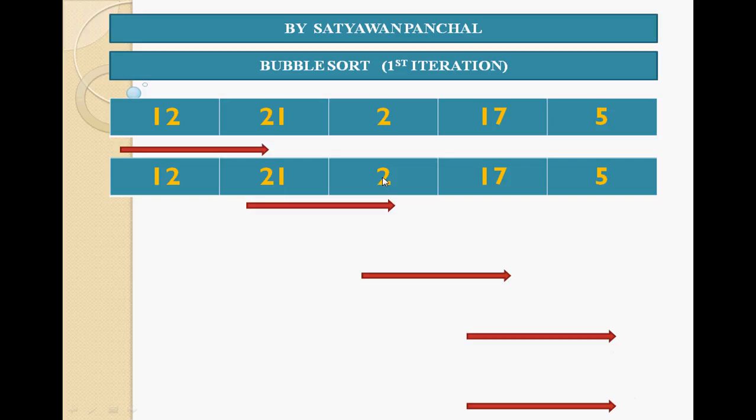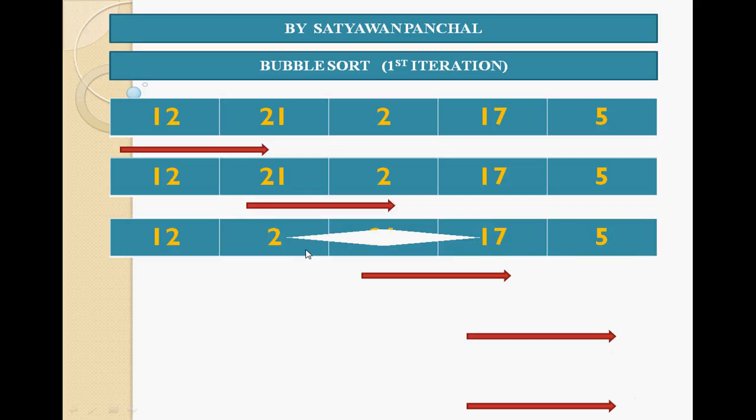If 2 is larger, then it will remain here. We can see here that 21 is larger, and we have to shift the largest element to the right side, so we will be swapping these elements.